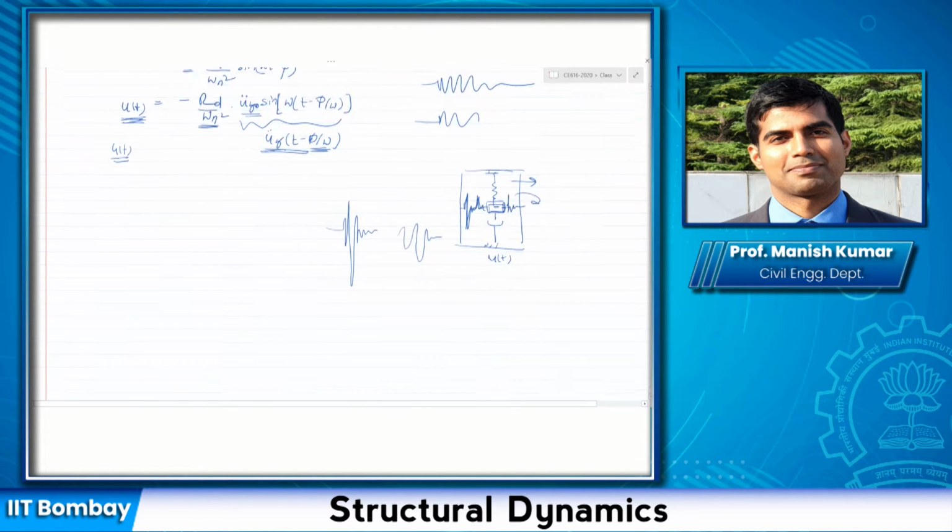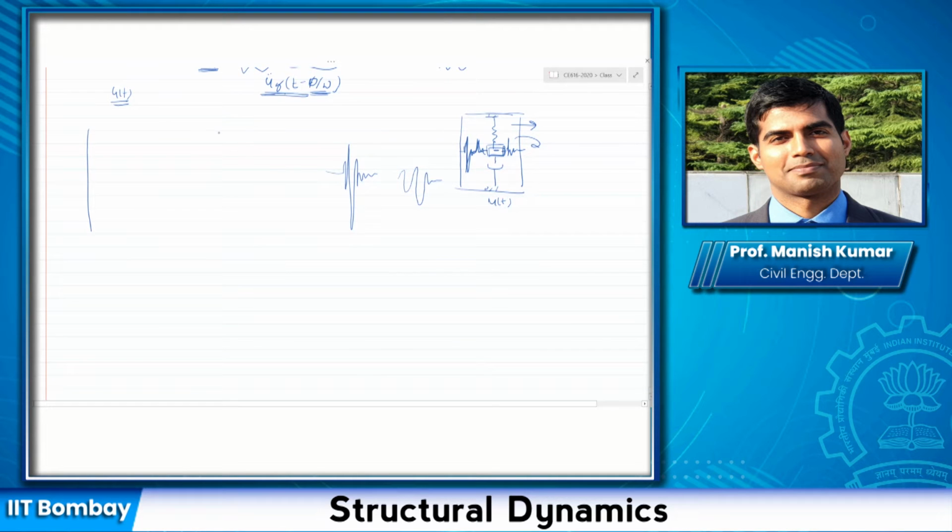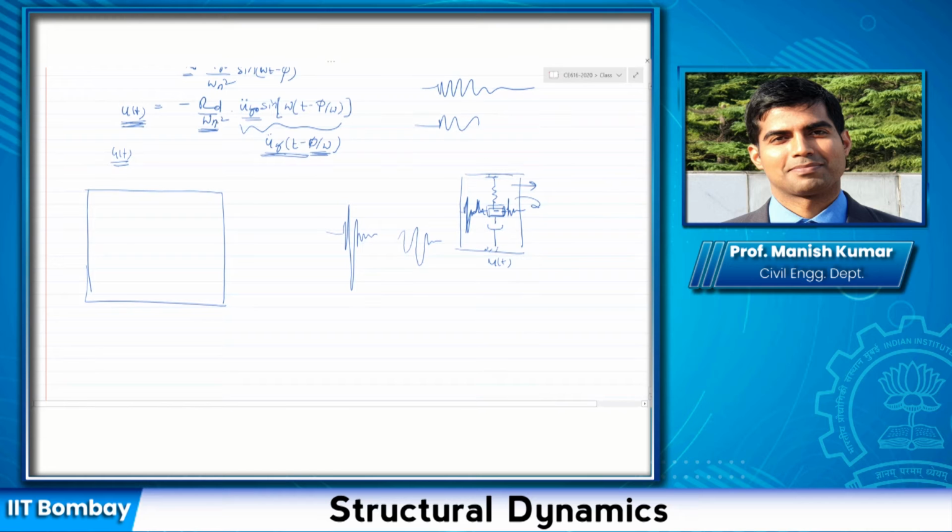Now, if you remember the R_d plot that you had, and remember I do not get omega_n squared, because if I am using the same accelerometer, for that accelerometer omega_n would be the same, right? It would be the stiffness of the accelerometer divided by the mass.